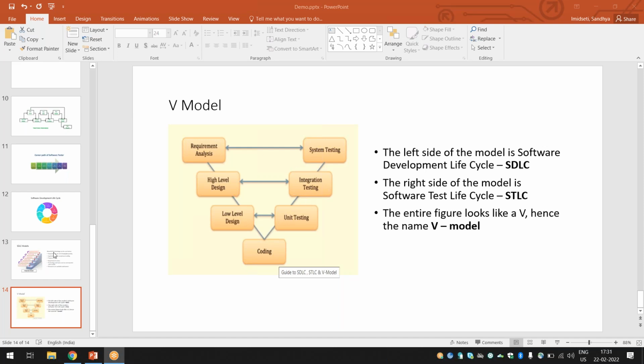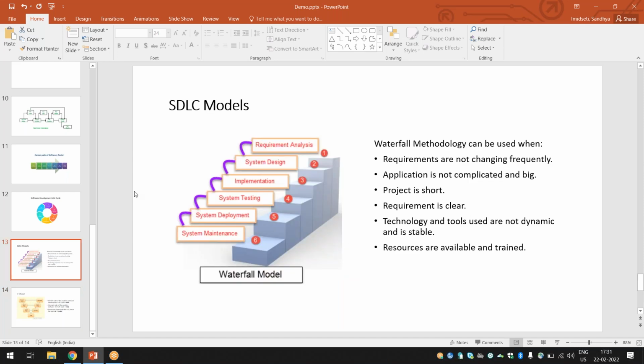All these models are not related only to software testing. Even if you are working in other technologies, we should be aware of what model our project is working on, so that you would know the nature of your work and your responsibilities. Suppose you are working in a project where the waterfall model is implemented, your job role is to work only after the development phase is completed.